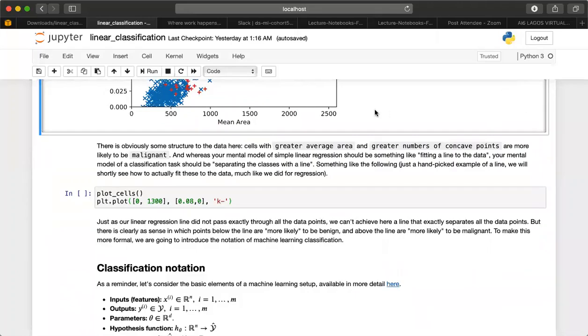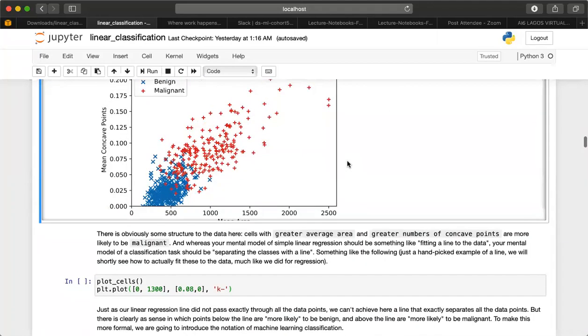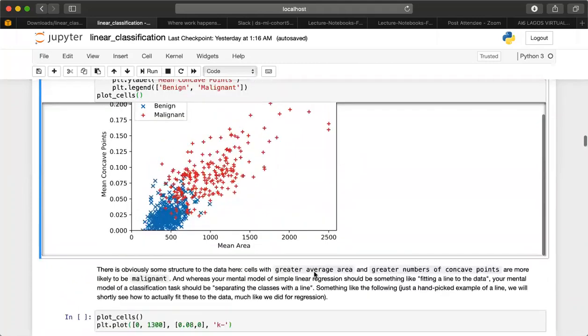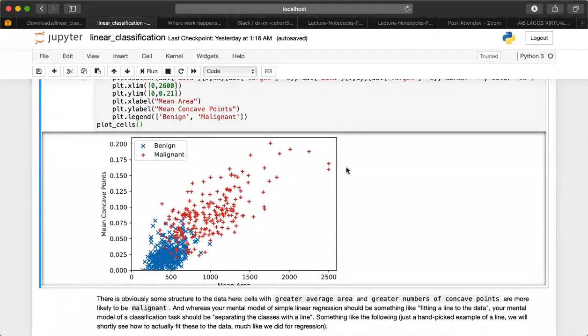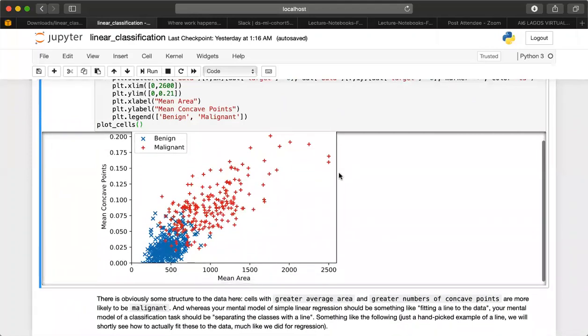Another thing you'll notice from the data is that, even visually, a cancer cell is usually malignant if you have high values of mean area, probably greater than 1,000, and the mean concave point is greater than, say, 0.1.